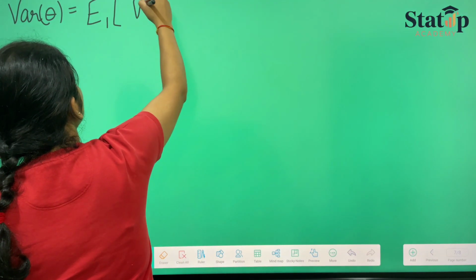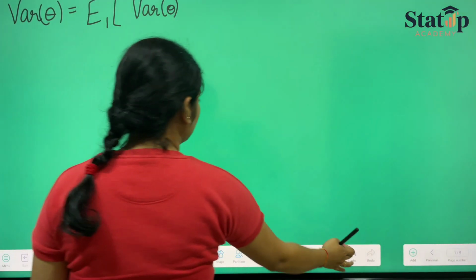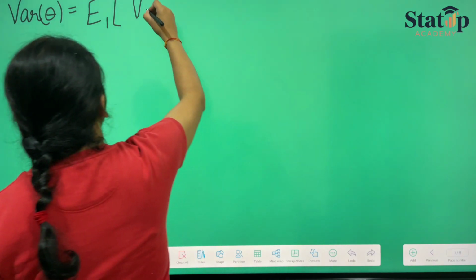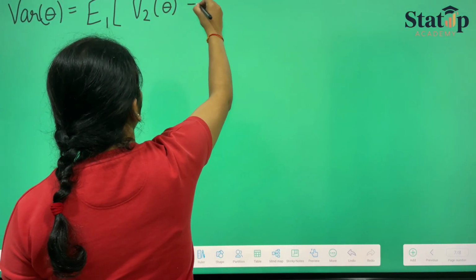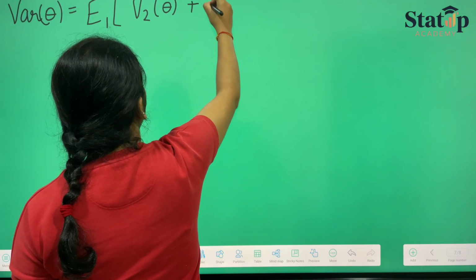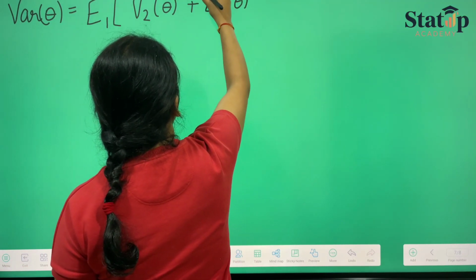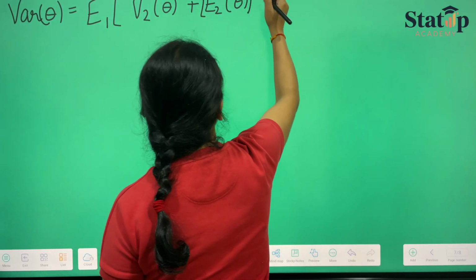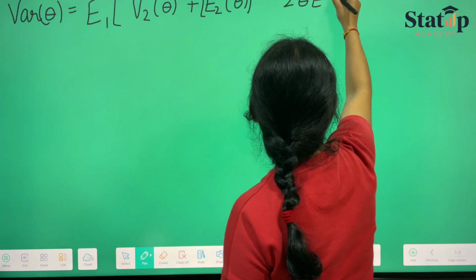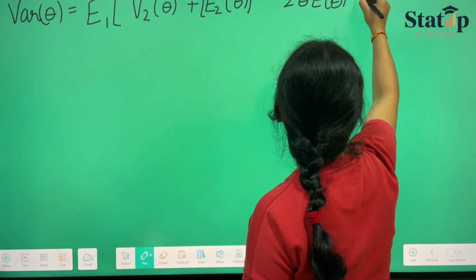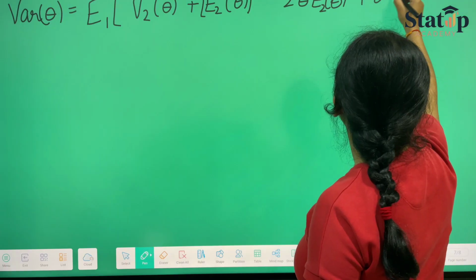So instead of variance we can write V2 of theta cap plus E2 of theta cap whole square, minus 2 theta E2 of theta cap, and plus theta square.